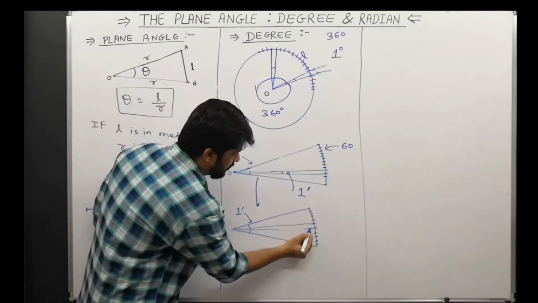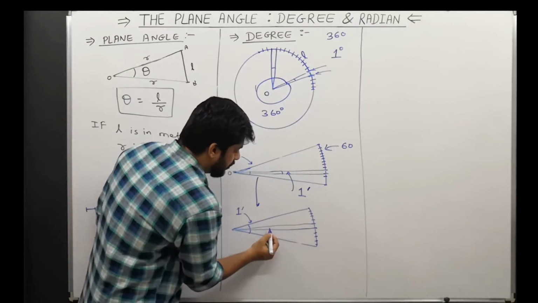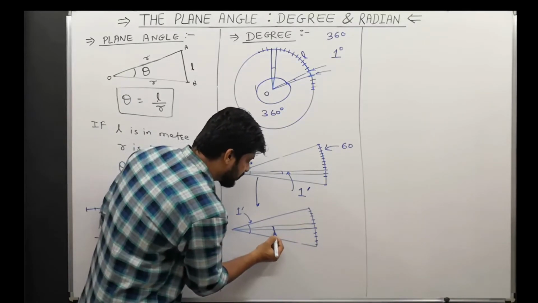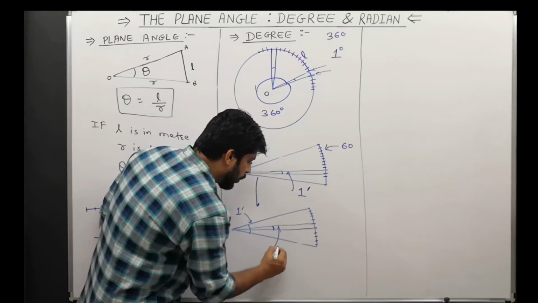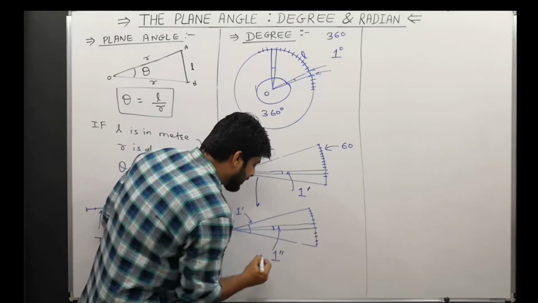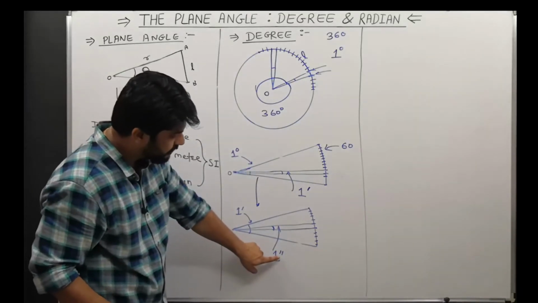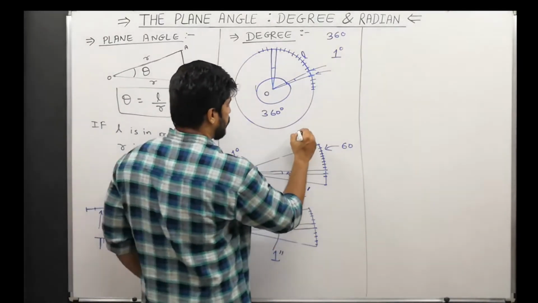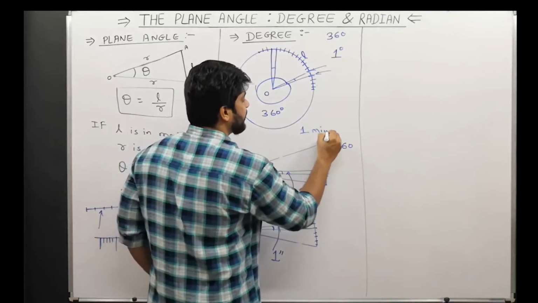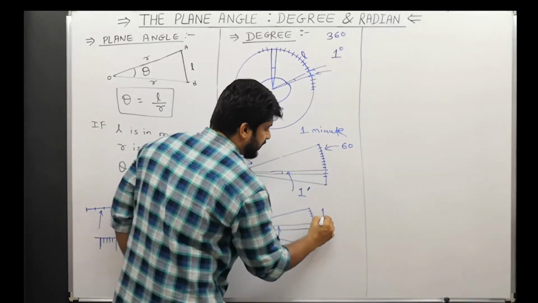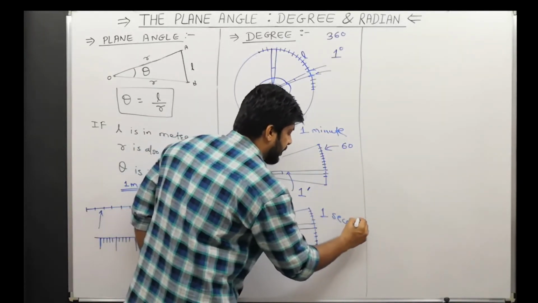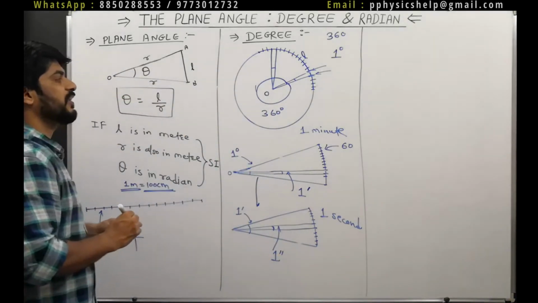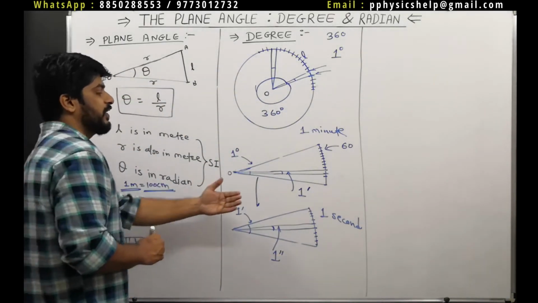This angle is called 1 second, and we denote it like this. I would write here 1 minute, and this is 1 second. So this is how we define it.